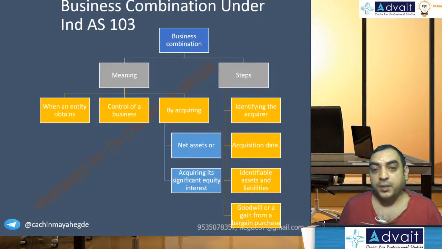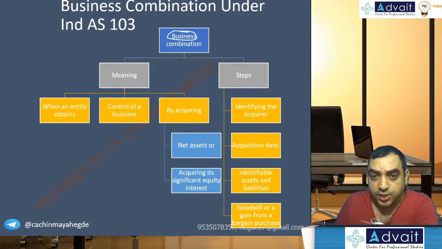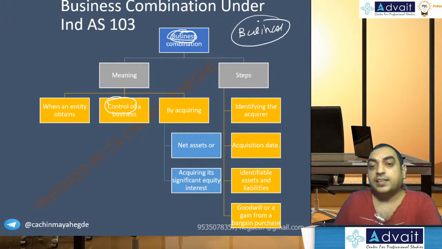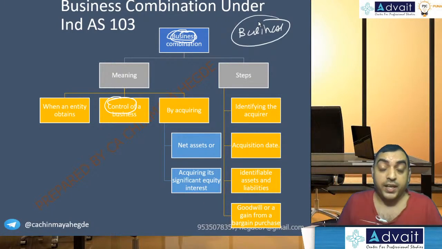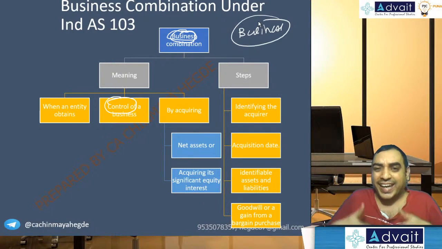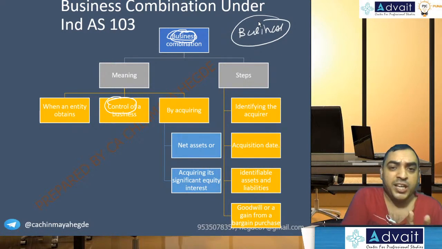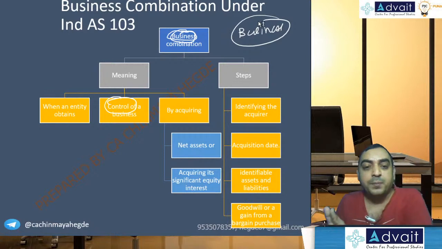Now, one more important point. It has to be a business combination. One important principle is control, the other important one is business. There has to be a business in place. Business means capable of generating profits. That's all, very simple. It may be input, process, or output.